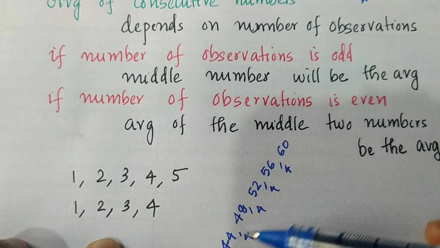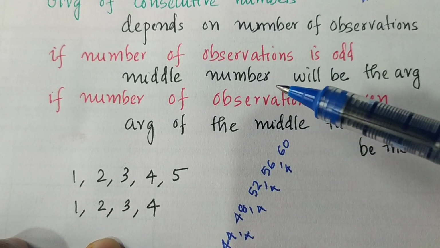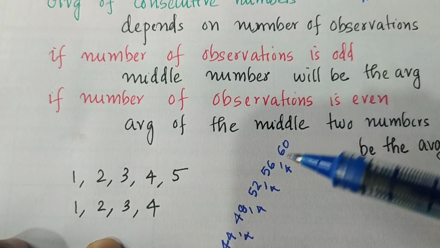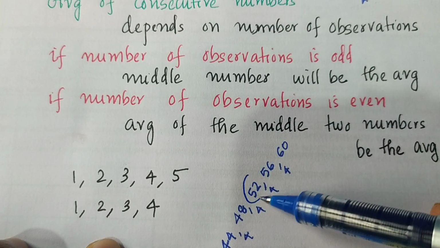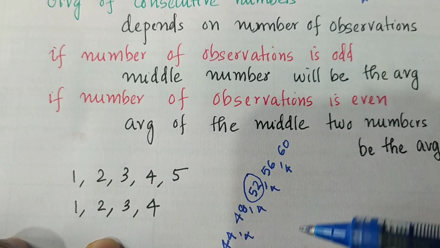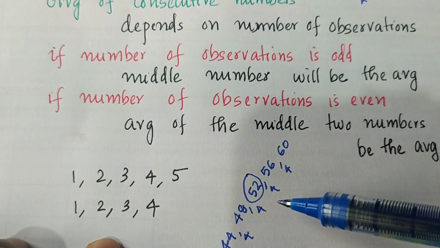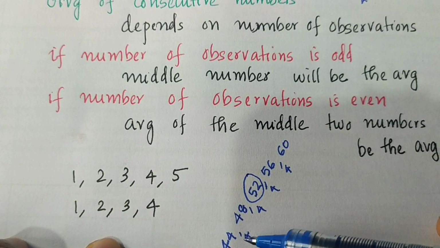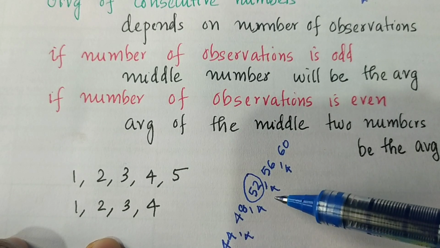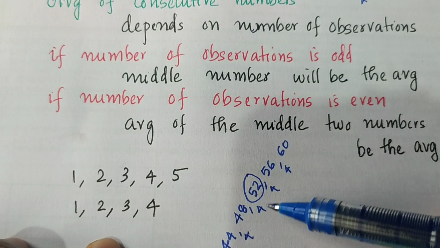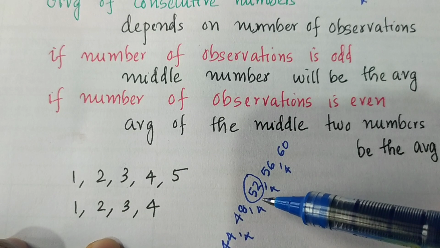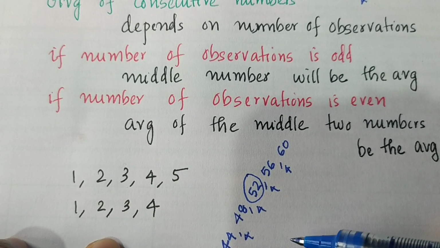So there are 5 numbers and the average will be the middle number. So without calculating the sum of observations and dividing it by the total number, if we understood that it is a consecutive series, then we can find it out without spending time. That is the middle number 52.